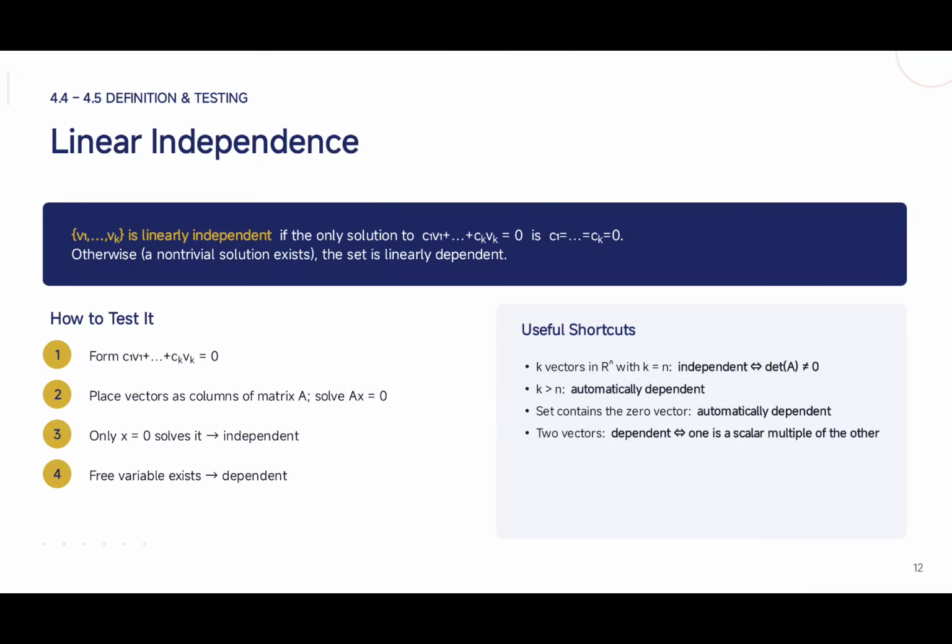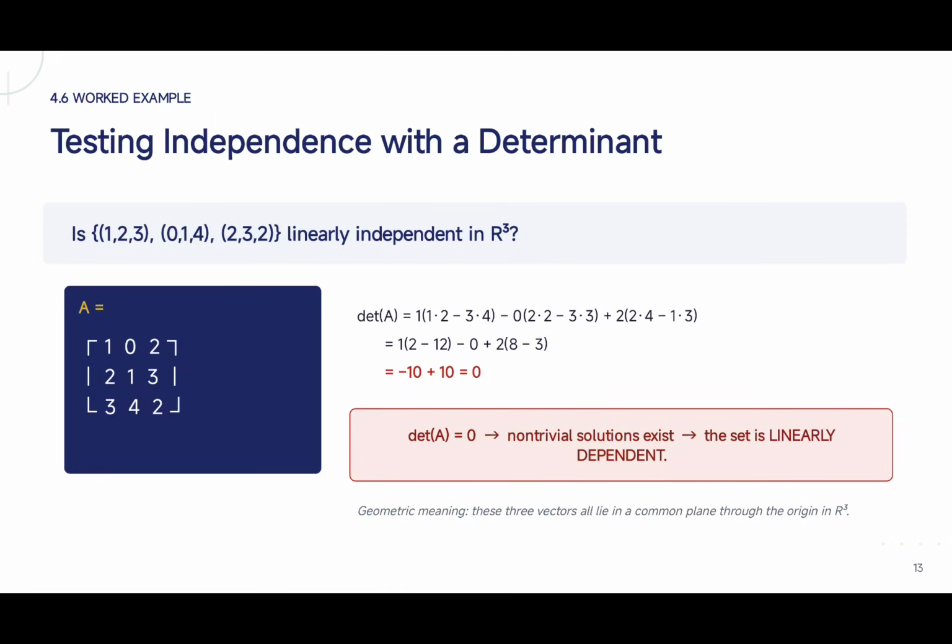Let's test three vectors for independence in R3. Three vectors, three dimensions. So we take the determinant. Expanding along the first row gives us a final value of 0. A determinant of 0 means there are non-trivial solutions.